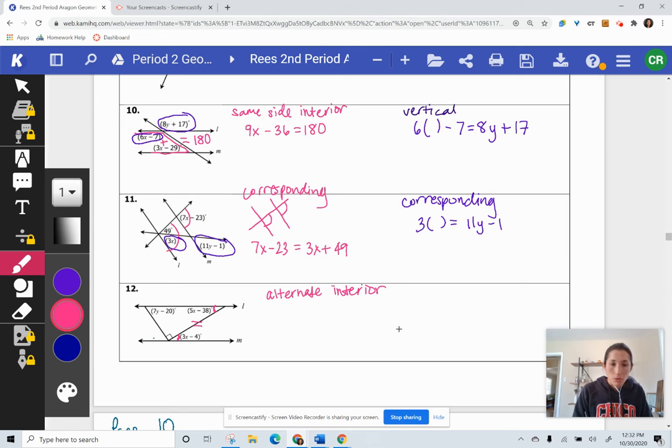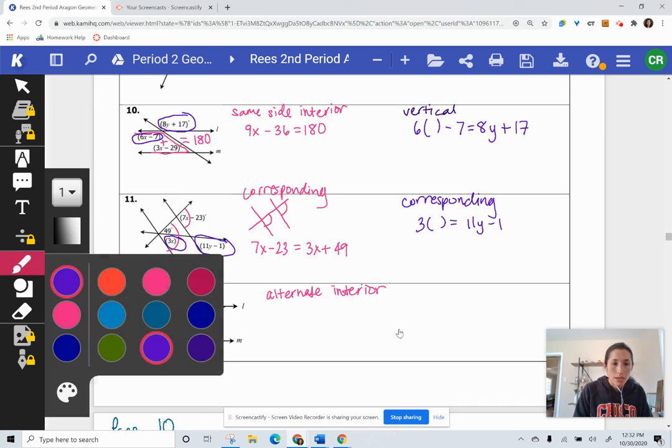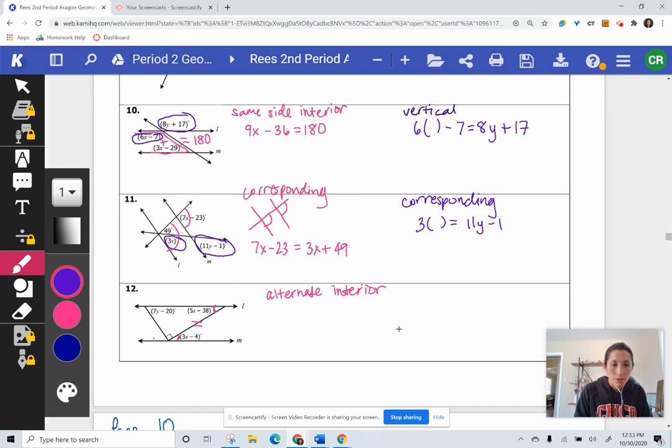Once I set them equal, I should then be able to solve for this angle here. I'm going to put a question mark next to it. Well, I know this one is 90. And when I solve for x, I can figure out this angle measure. And then these three angles here are going to add up to 180.